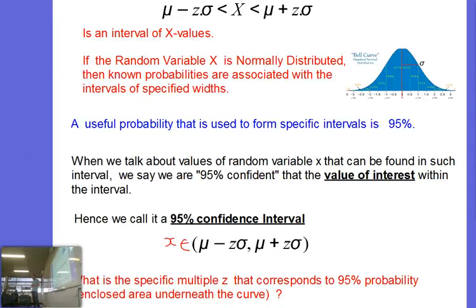And it's formed by that expression, having multiples of standard deviations on either side of the mean. When we subtract from the mean, that gives you the minimum value. When we add on top of the mean, that gives you the maximum value. So it's from the minimum to the maximum.